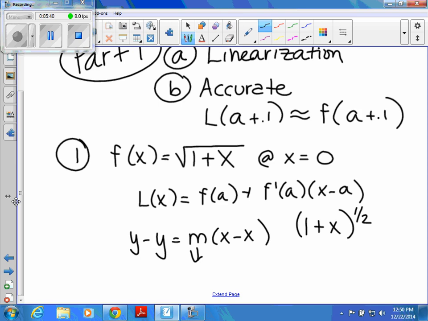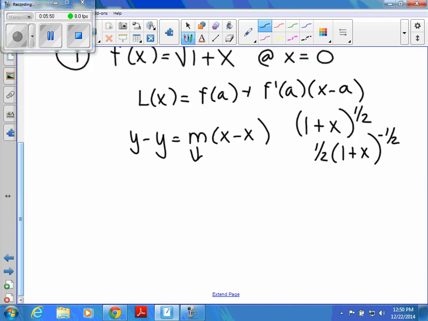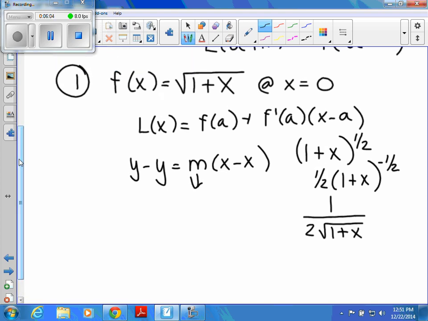So, what is the derivative of that? 1/2, 1 plus x raised to the negative 1/2 times 1, which equals 1 over 2 square root of 1 plus x, correct? Isn't this the derivative of that, right?